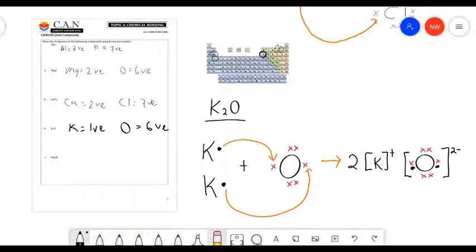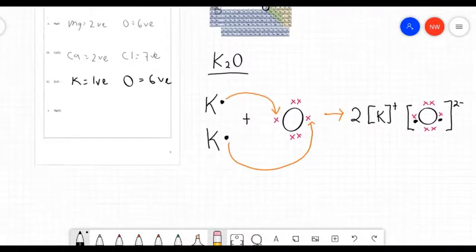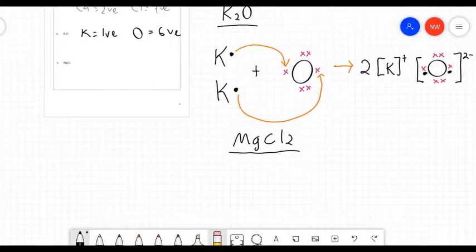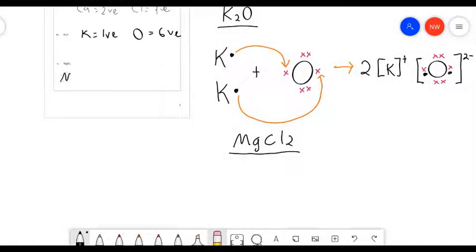So, the last one adalah magnesium chloride. Okay, so kita tengok MgCl2. Untuk magnesium chloride, kita tahu magnesium group 2, so 2 valence electron. And then chlorine pula, group 17, 7 valence electron.